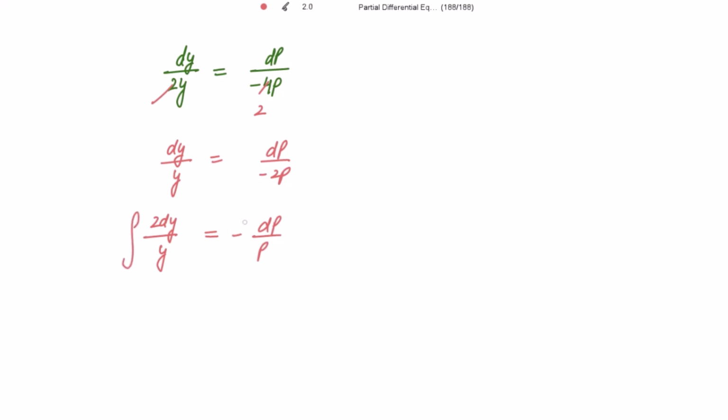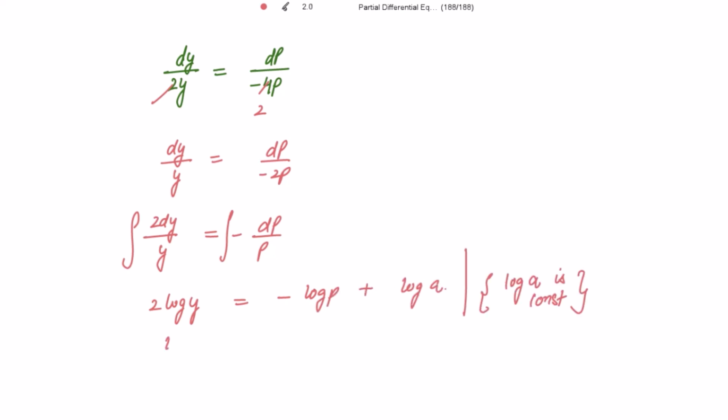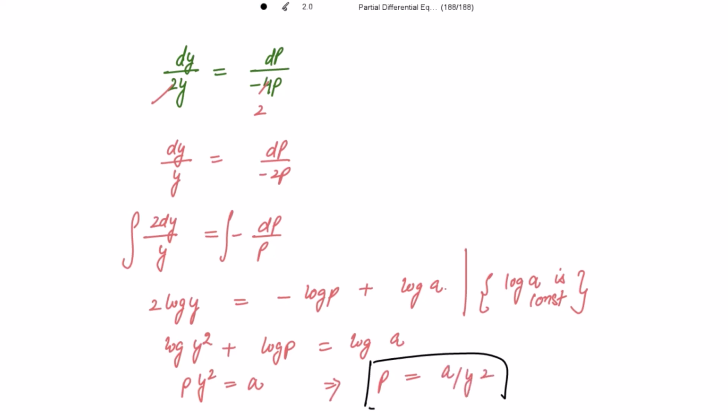Now integrating both sides, we get 2 log y equals minus log p plus log a, the constant. So taking this to the left hand side, log of py squared equals log of a, and by using the property of log we get py squared equal to a, the constant. From here p equals a divided by y squared.